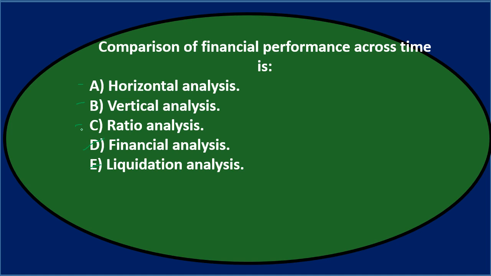It's just going to be whatever ratios we think are most appropriate for whatever we're trying to determine. And vertical analysis means we're looking within the same time period, typically. That means horizontal analysis looks like our answer here. Final answer: comparison of financial performance across time is A, horizontal analysis.